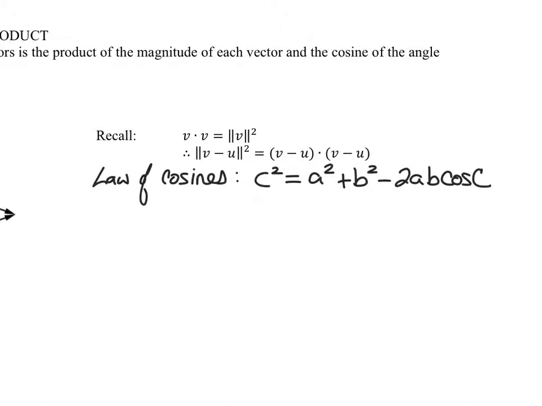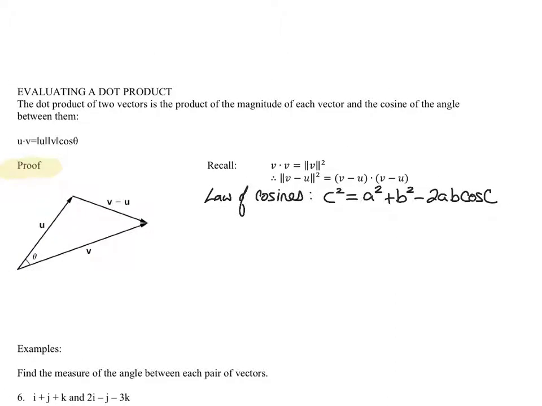That's assuming that it's represented in terms of a's, b's, and c's. But I want to modify it to fit the diagram that I have here. So the angle theta, I'm going to put that at vertex C. The other two are going to be A and B. Doesn't matter what's where.